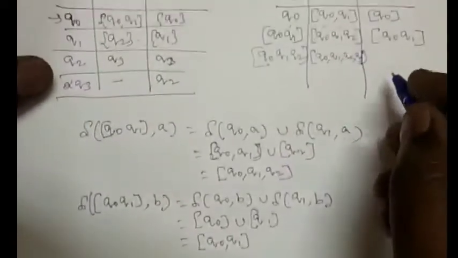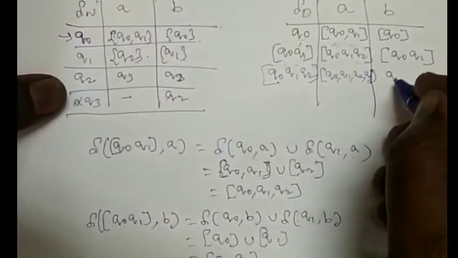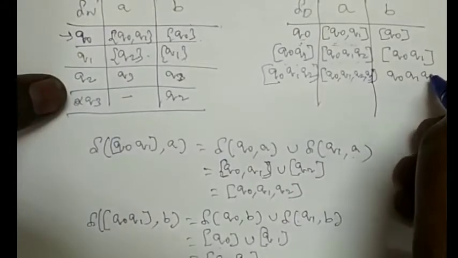And union Q2 comma B goes to Q3. So when you club it together, you will get {Q0, Q1, Q3}. So when I apply B, I get {Q0, Q1, Q3}. So I close it.